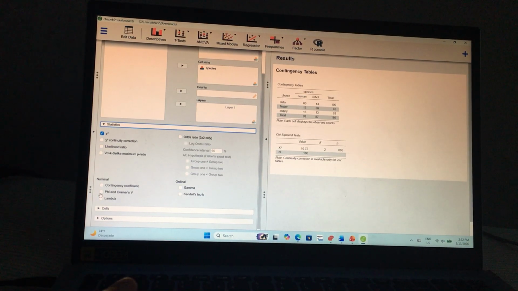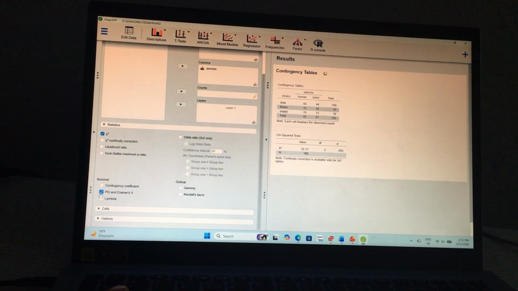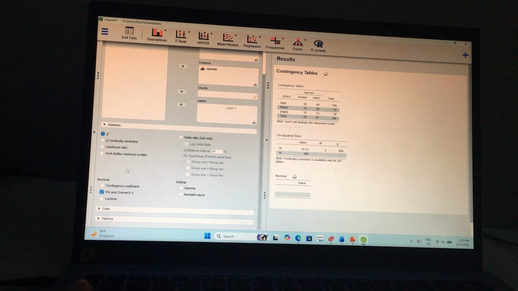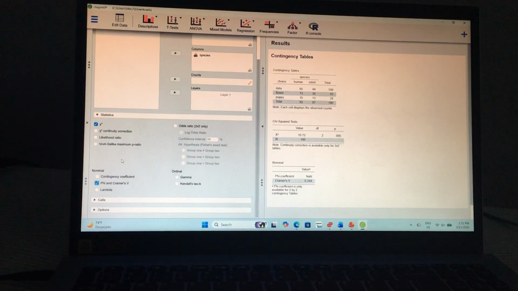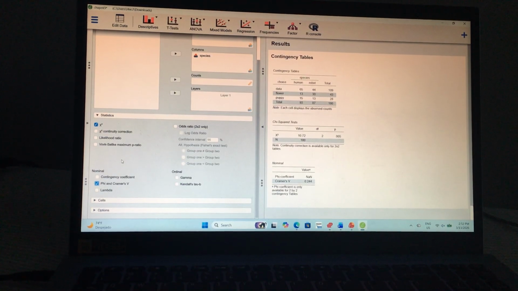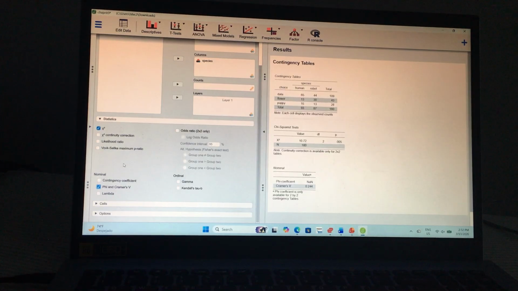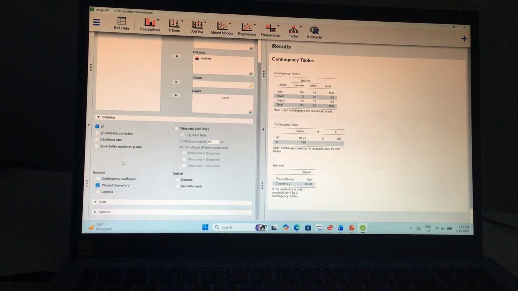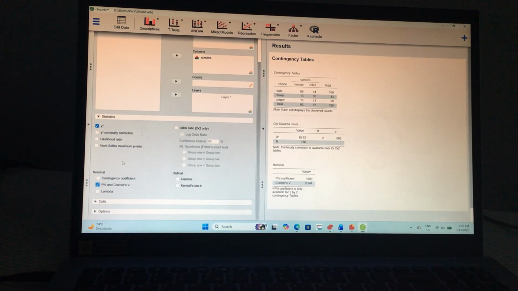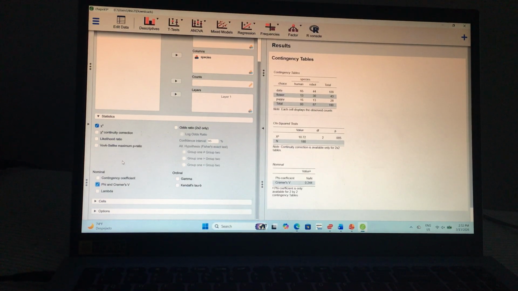We have some choices under nominal, and we also have some choices under ordinal. So we're selecting phi and Cramer's V, and then we get our values calculated there. All right, so we can compare our output to figure 12.8, so let's go do that.